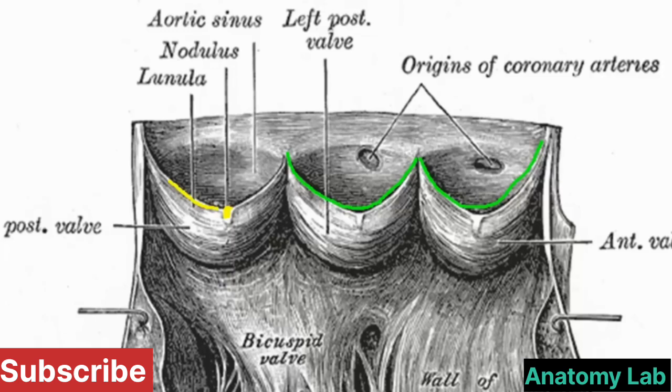And then you've got the aortic sinus, which is this area between the wall of the vessel and the cusp. And in the right and the left cusps, you've got the origins of the right and the left coronary arteries opening into this sinus.